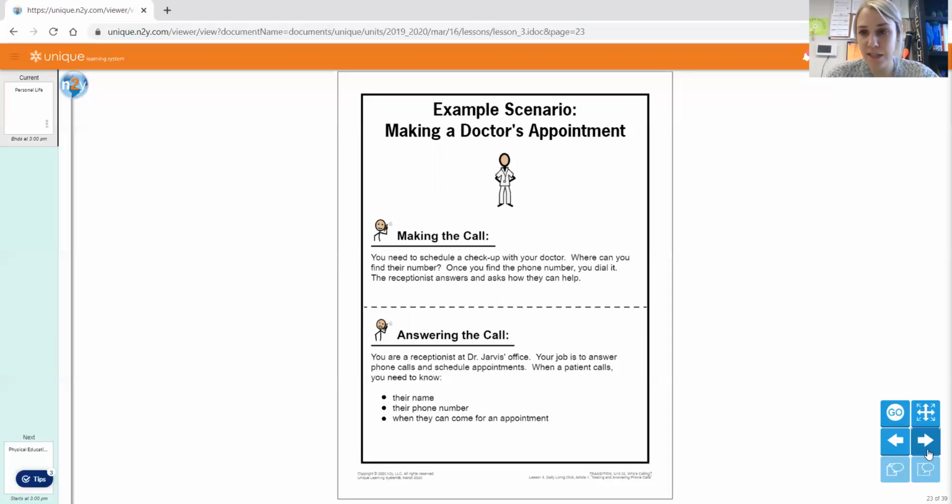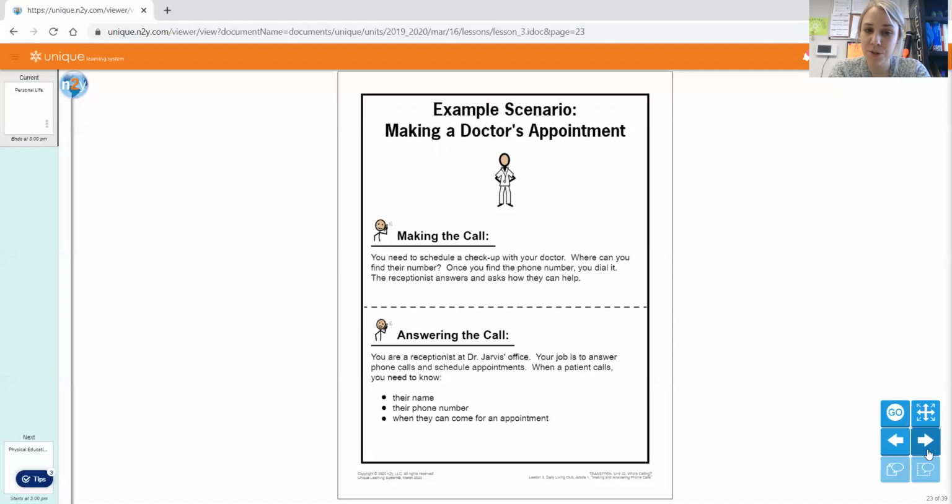You could also find it in a phone book. You may find it on a bill that you've had before, or you can go on the internet, or hopefully if it's an emergency and not an appointment, you'll have the phone number saved in your phone, and you can bring that up pretty quickly so you don't have to be searching for it.